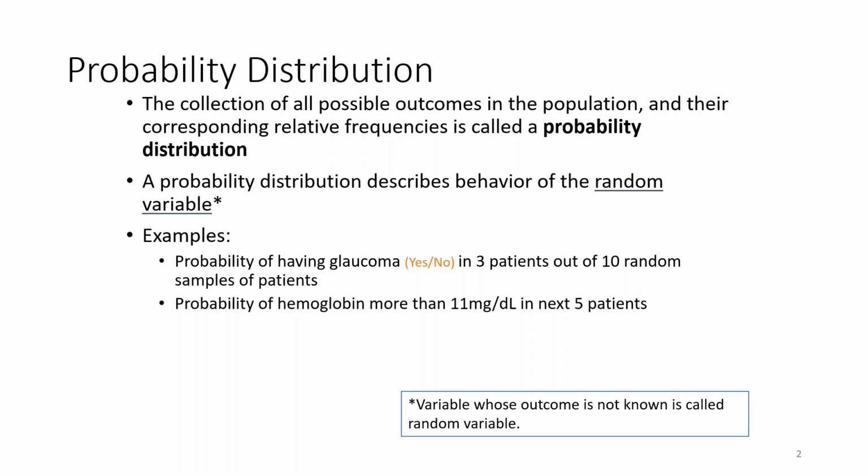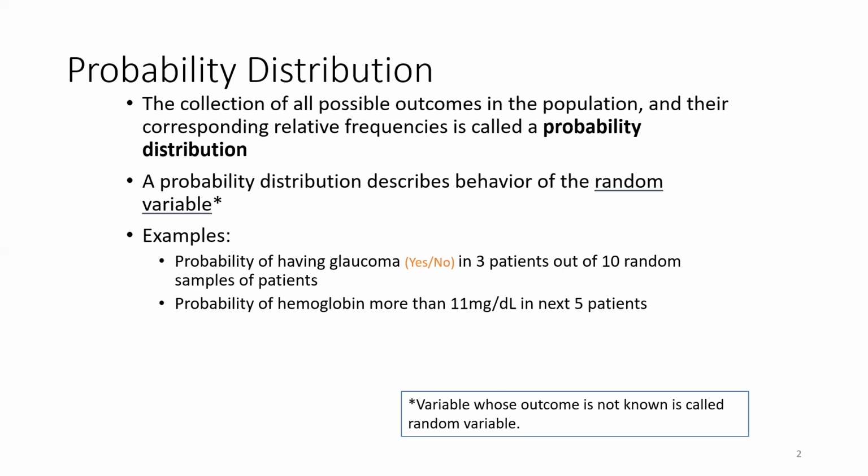We have two examples. One is the probability of having glaucoma in 3 patients out of 10. So what type of variable is glaucoma? It means we will be approaching 10 patients and asking them, do you have glaucoma or not?